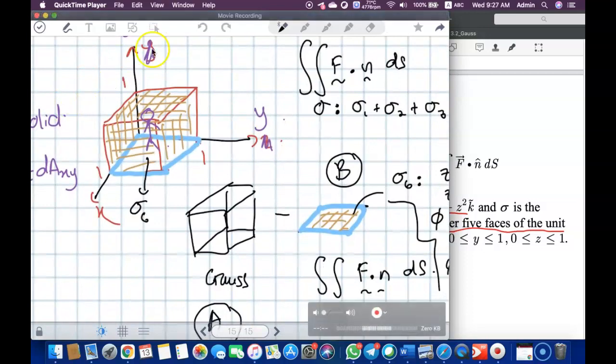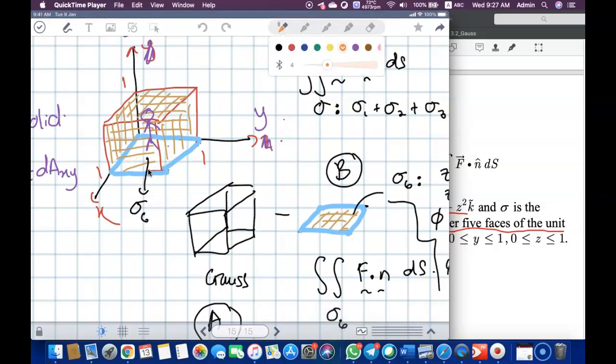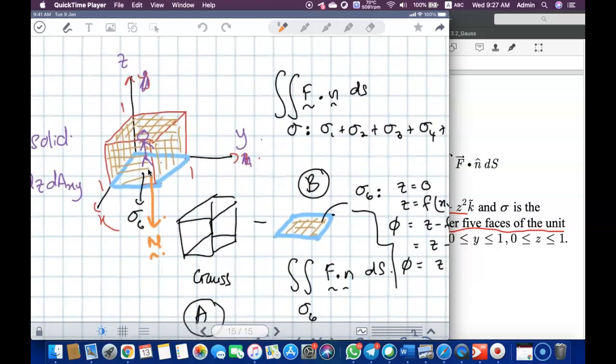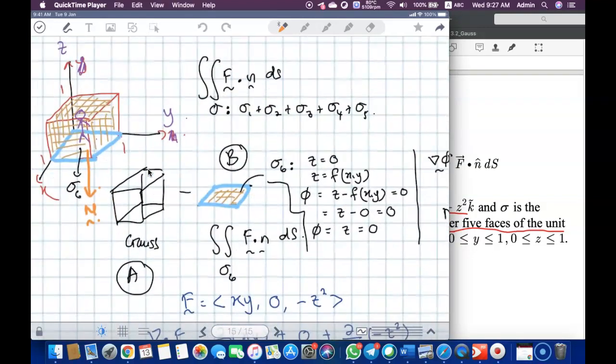Okay, so now you can see that your solid here, since we imagine there is a solid, this is not empty, this is a solid which is part of the cube. So n points outward from the solid G. Your n is in this direction, so it follows the z negative direction. How can we know that?